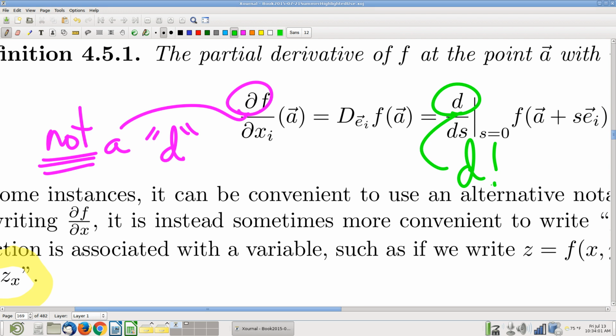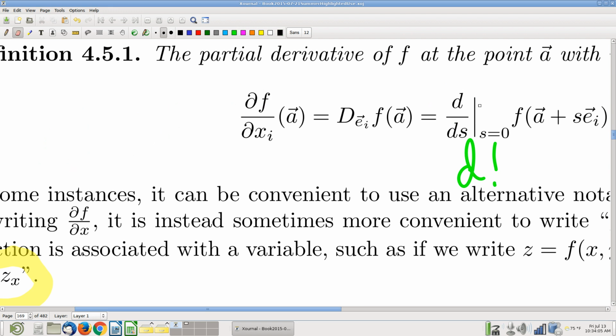Making a different symbol is our recognition of the fact that, well, we have to confess, this is a function of several variables. That's not a single variable function. You can't talk about an actual single variable derivative of a function that is not actually a single variable function. It just doesn't make any sense, right?